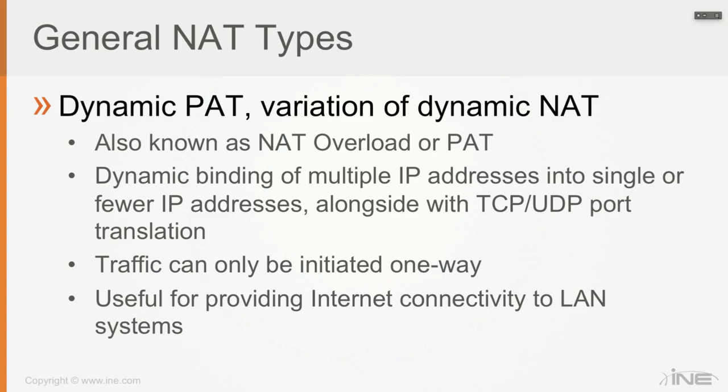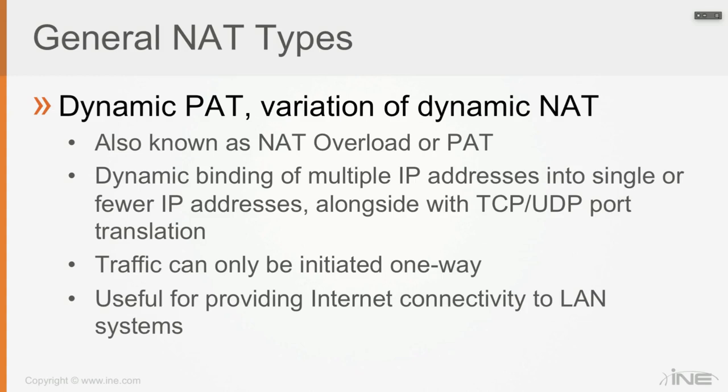In general, with dynamic PAT, traffic can only be initiated one way, especially if you use a single public IP to represent all of your inside hosts. So dynamic PAT is no longer a one-to-one IP to IP binding. It's multiple to fewer, which clearly makes sense that traffic can only be initiated one way, not two ways.